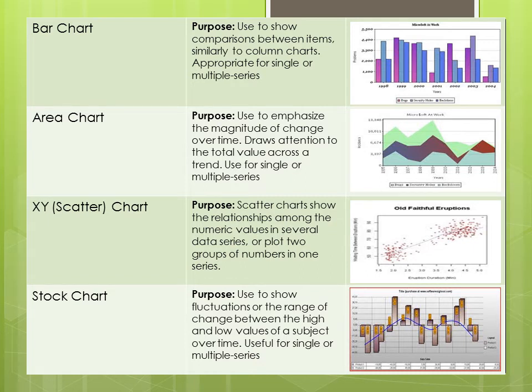The area chart is very useful when we want to emphasize the magnitude of change over time. That is really what draws our attention, is to look at the total value across a specific trend. The scatter, or the XY chart, shows a relationship among different numerical values and across different data sets or plots.